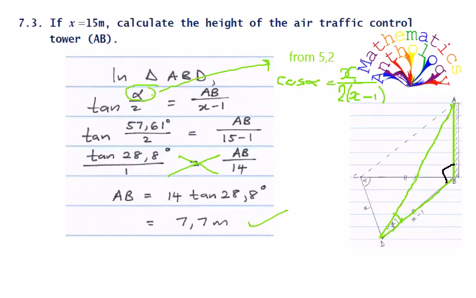So that becomes tan of 28,8 is equal to AB over 14. Put the tan 28,8 over 1 to make it a fraction so that we can cross multiply easily. So AB will equal 14 tan 28,8, and that works out to 7,7 meters.